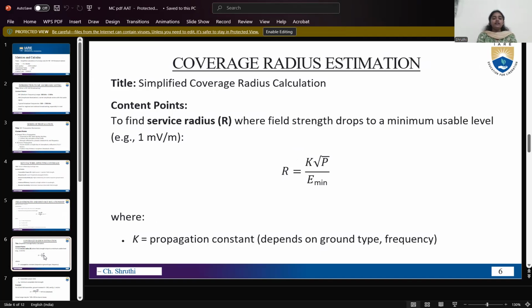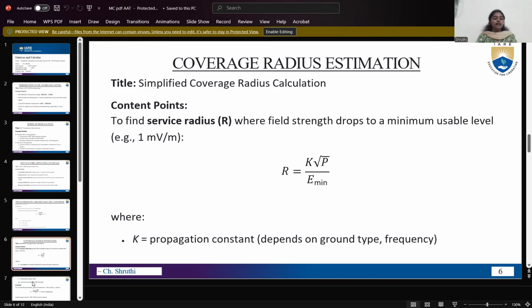Simplified coverage radius calculation. To find service radius capital R, where field strength drops to a minimum usable level, for example 1 mV/m. The service radius R equals K into root P by E minimum, where K equals propagation constant, which depends on the ground type or frequency.